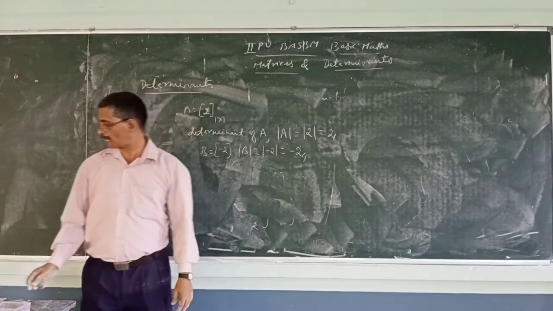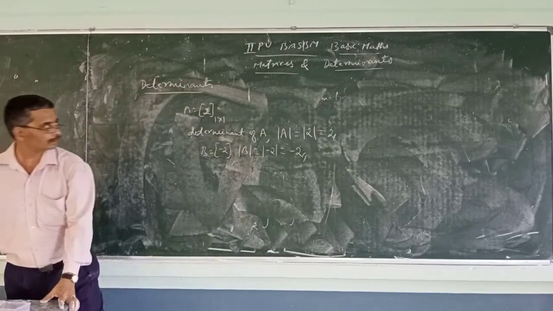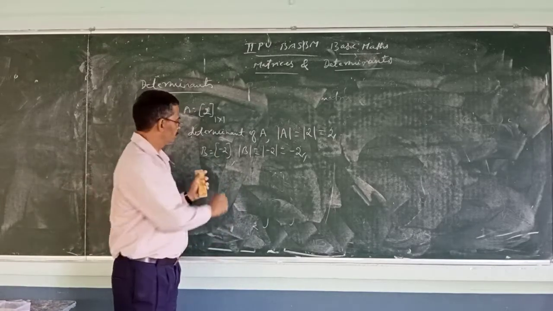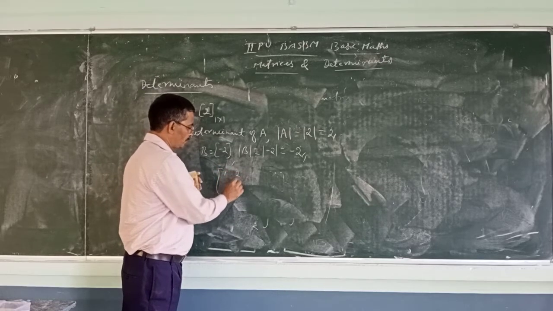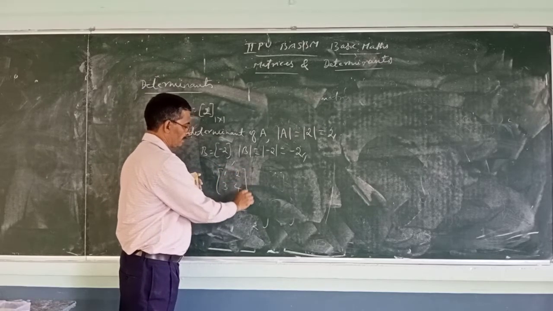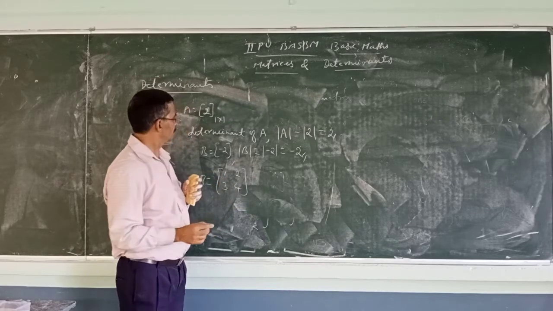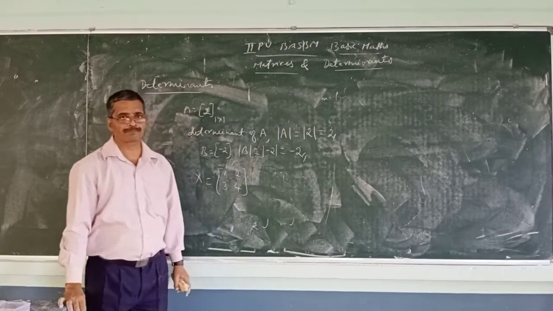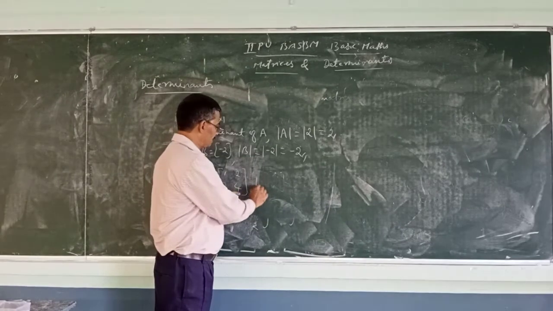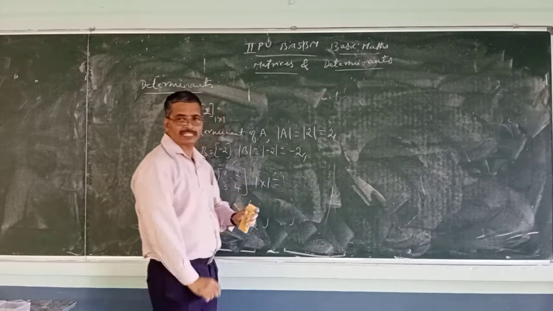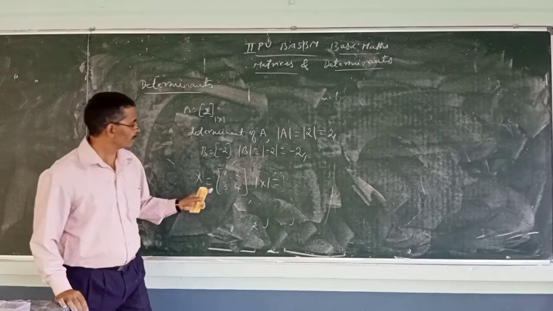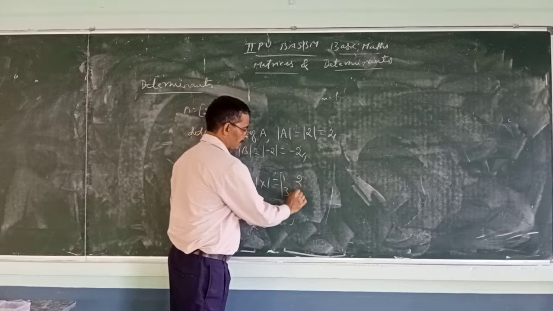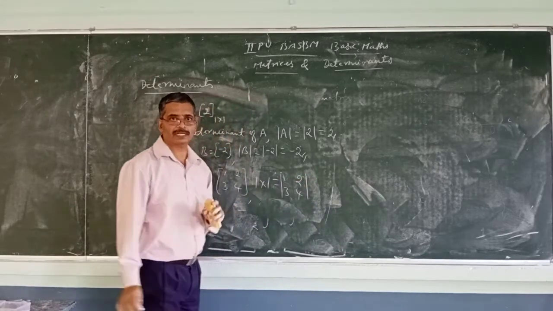I will give one more example. Take a matrix X equal to 1, 2, 3, 4. What is its determinant? Note how it is calculated. For the determinant of 1, 2, 3, 4, you write the elements as it is.